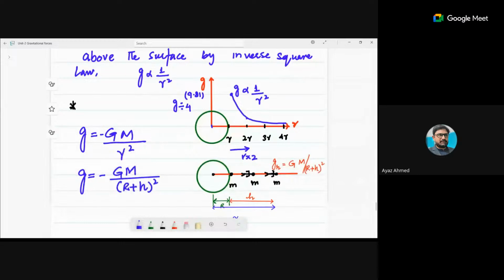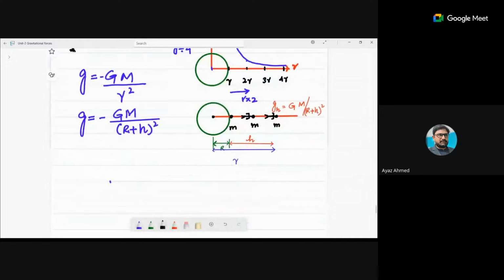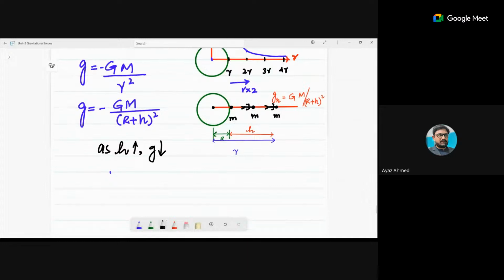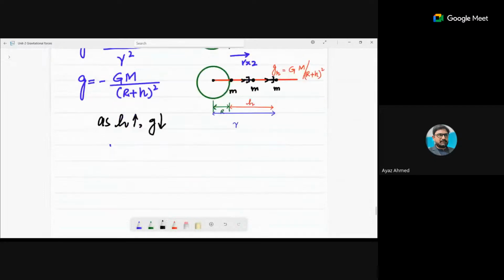So as h increases, g will decrease. It is obvious from this equation also by the inverse square law, or you can further expand it by using a binomial expression, or the formula (a plus b) whole square, right?